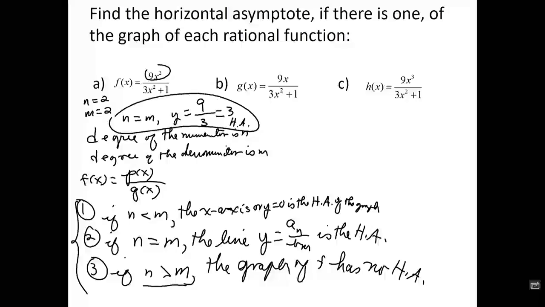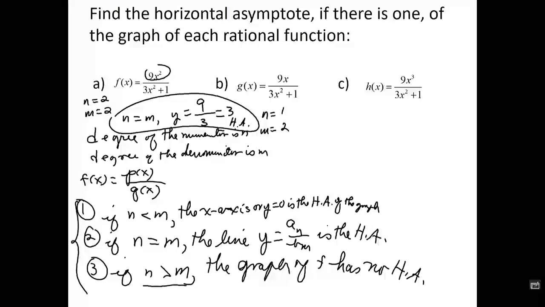In example 2, g of x is defined to be 9x divided by 3x squared. We see that the degree of the numerator is 1. The degree of the polynomial function in the denominator is 2.